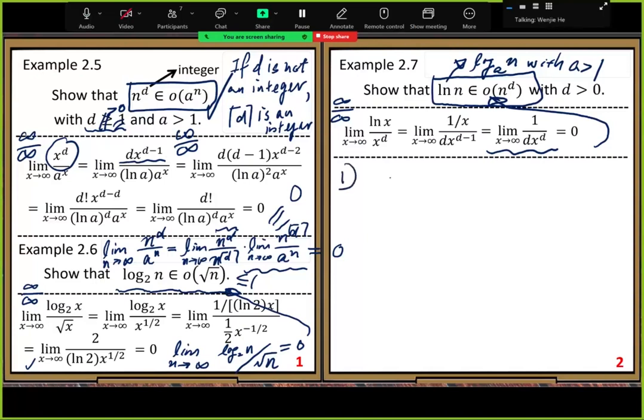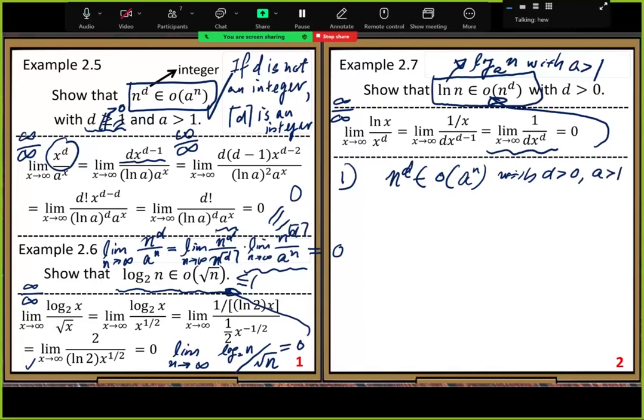The first result: n to the d belongs to little o of a to the n, with d positive and a greater than 1.